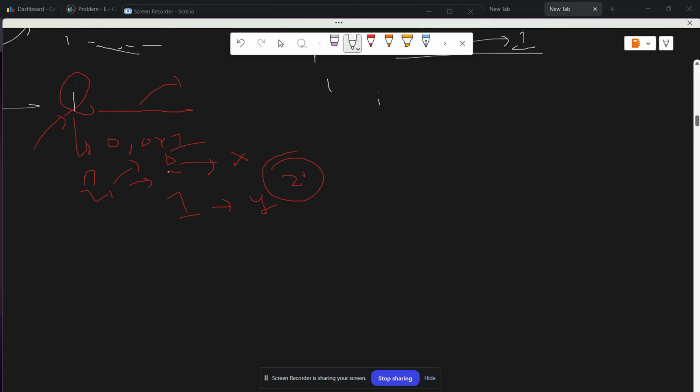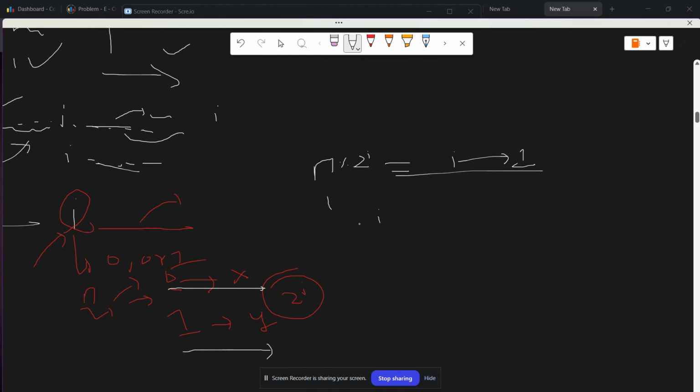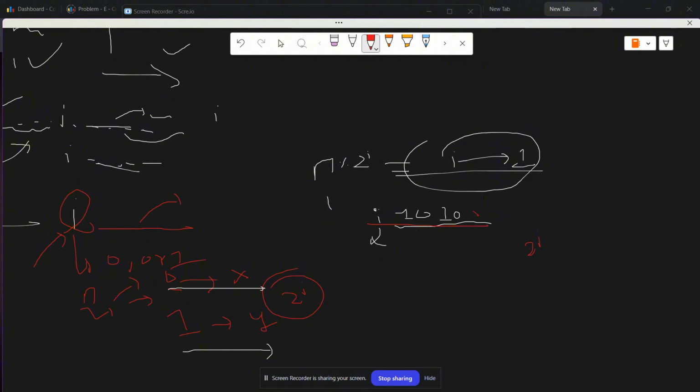So the remainder in this case will be the binary representation from this to this, and the remainder in this case also will be the binary representation from this to this. Let's suppose for this example case I take all of them to be 1 0 0, then the remainder will be this only. If I divide them by 2 raised to i, the remainder will be the binary representation from the ith position to the first position.